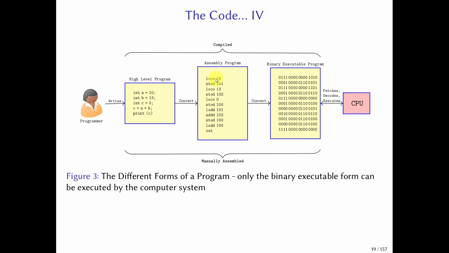So loco 10, when it's translated into the binary form, becomes 0111 0000 0000 1010. And likewise, all 11 of these instructions have a binary equivalent, which is shown here. So the task that we have to do is, I guess, twofold.